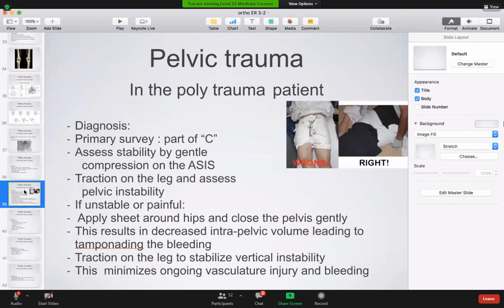And as we mentioned, once you do the ATLS protocol, which is A, B, C, D, E, you have to examine the pelvis, and if there is any suspicion of pelvic injury, you should put a binder. The binder is a folded sheet wrapped around the pelvis, centered on the greater trochanter, and then tightened to make sure that the pelvis is closed down and stable.